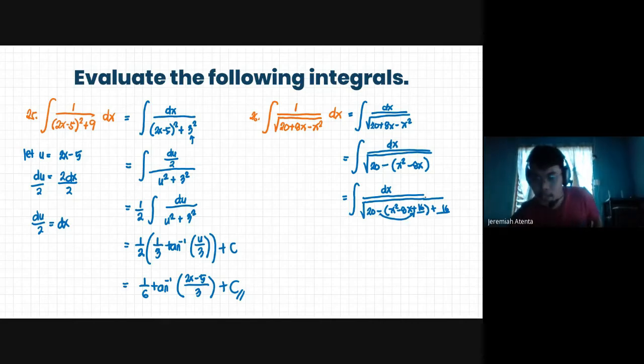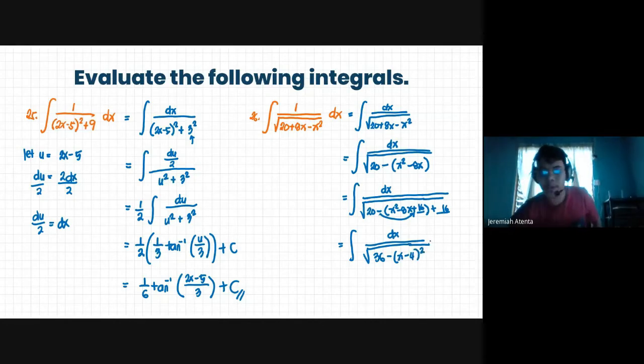Okay? And from that, we will have the integral of dx over the square root of 20 plus 16, which is just 36, minus x squared minus 8x plus 16, which can be written as x minus 4 squared, right?